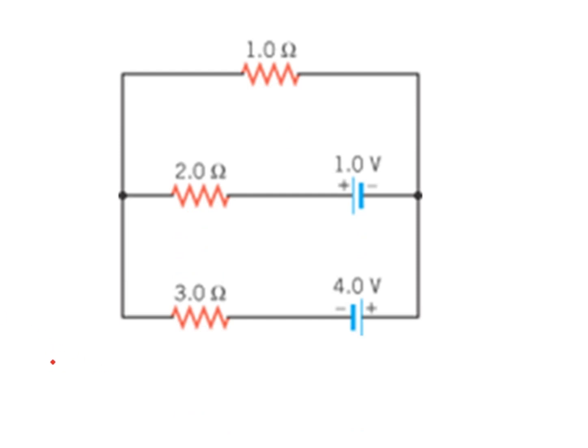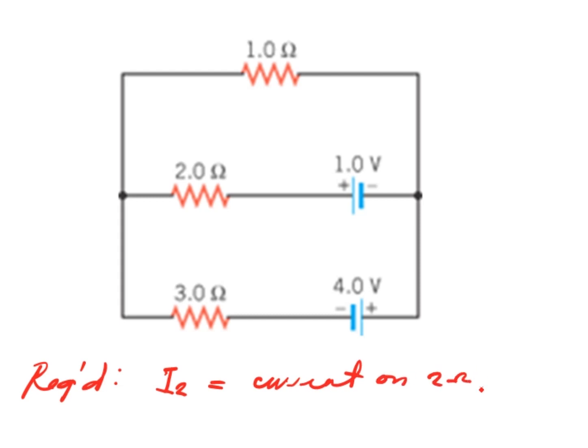Okay, so let this be our given, the circuit. We are required to get I2, the current on the 2 ohm resistor.